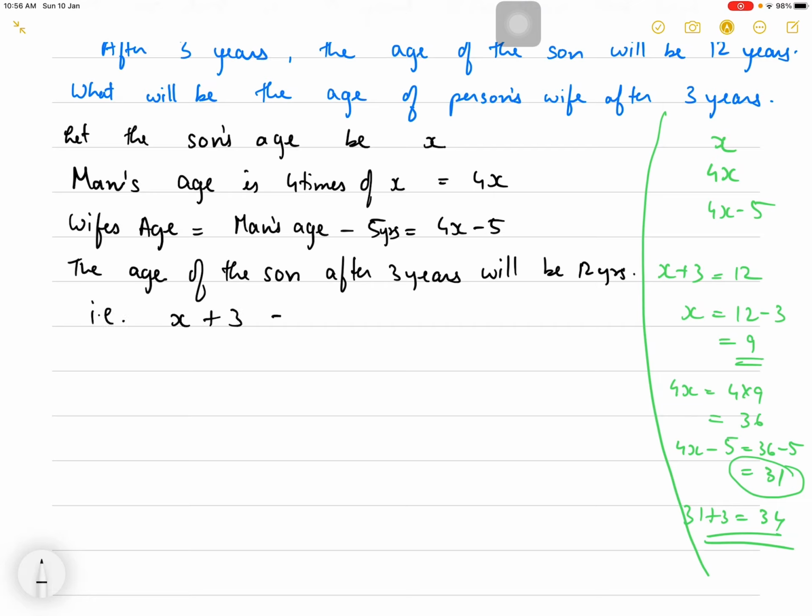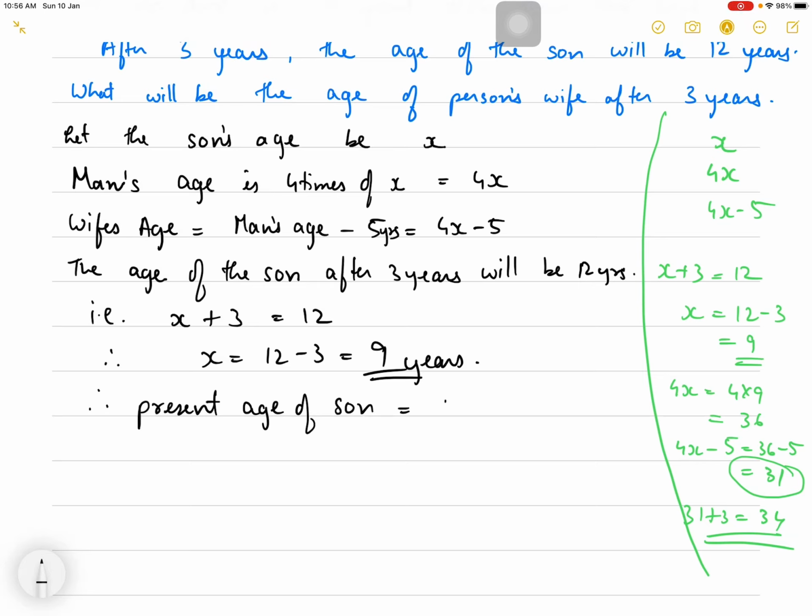That is x plus 3 is equal to 12. Therefore x is equal to 12 minus 3, which is equal to 9. So therefore present age of son is equal to 9 years.